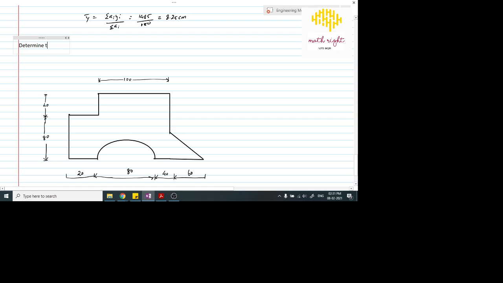Determine the centroidal coordinates of the area shown in figure with respect to the xy component system shown.